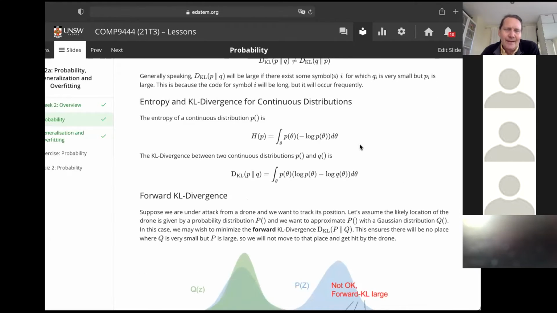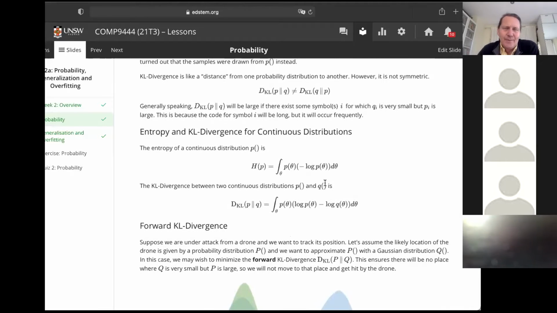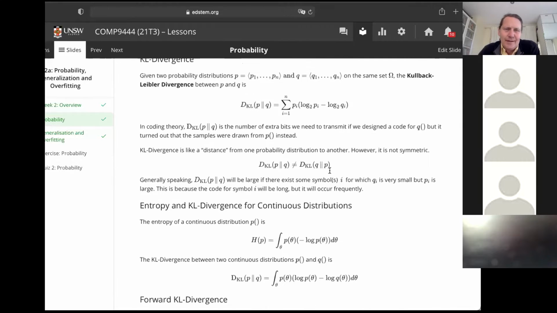Now we're also interested in the continuous case. With the continuous case, it becomes a little less tangible.